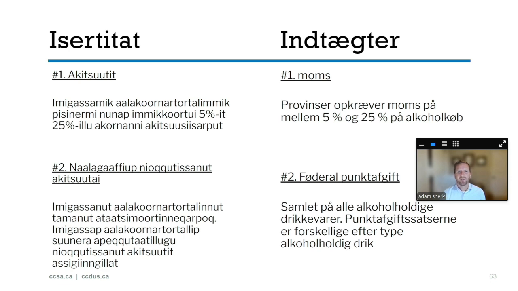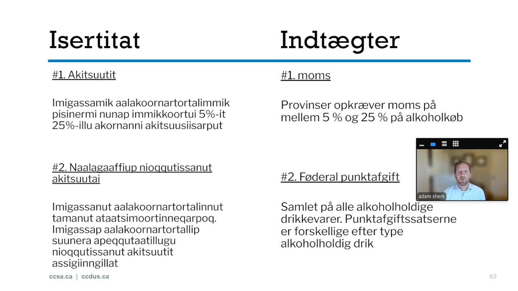So if we go to the next slide, we will talk about those first two, the two different tax rates that are applied to alcohol when it's sold. The first is a sales tax, which I'm sure you're familiar with. Our provinces and territories in Canada will collect a sales tax of between 5% and even as high as 25% on alcohol purchases.